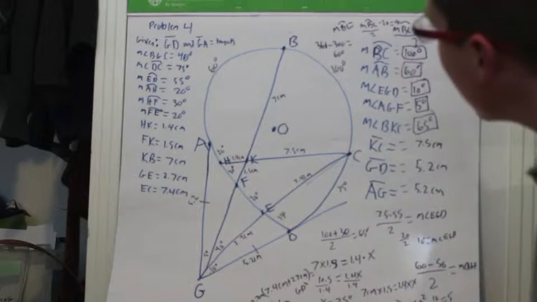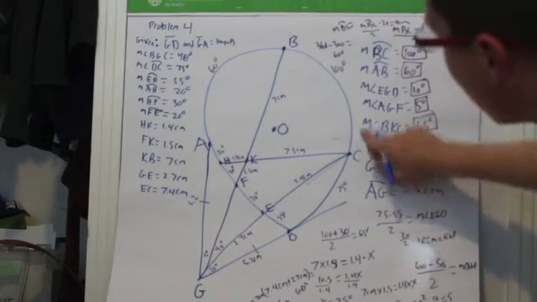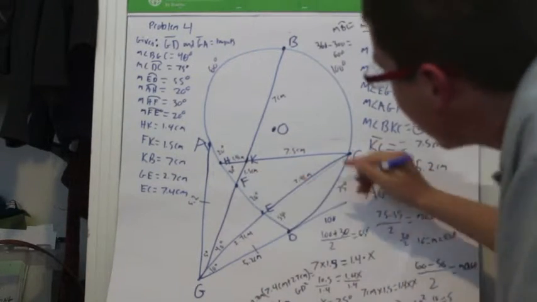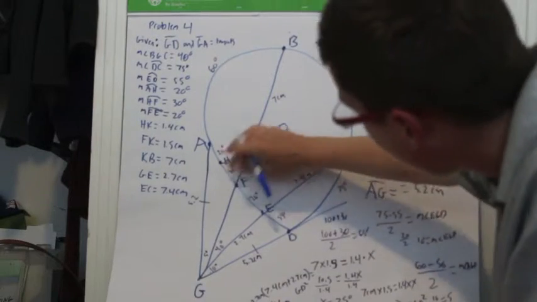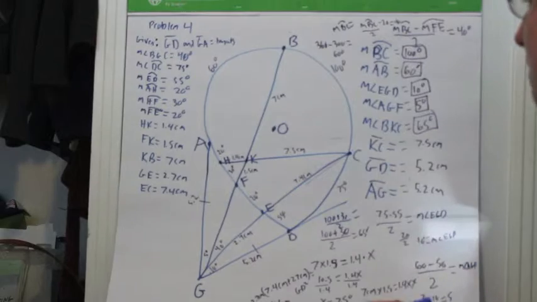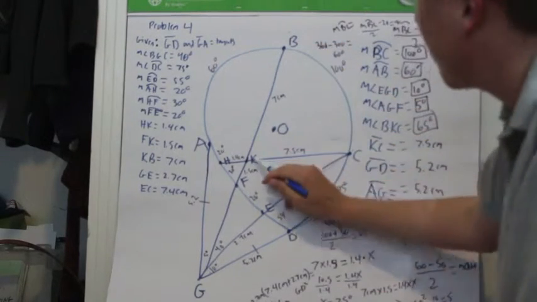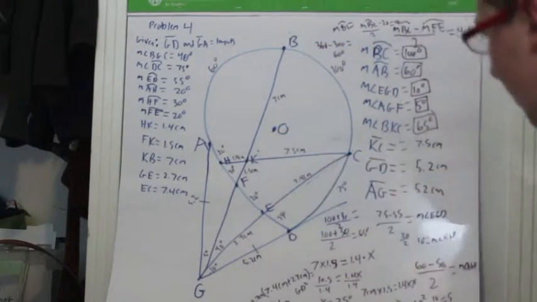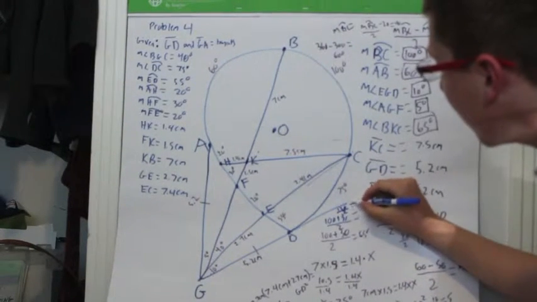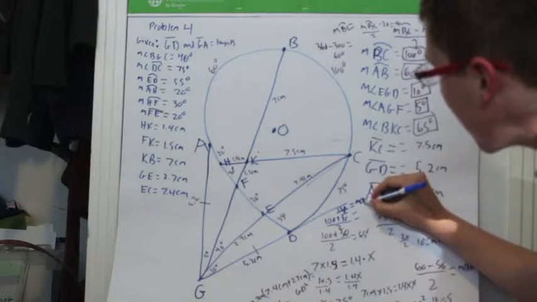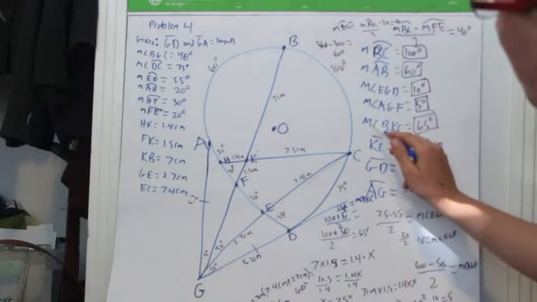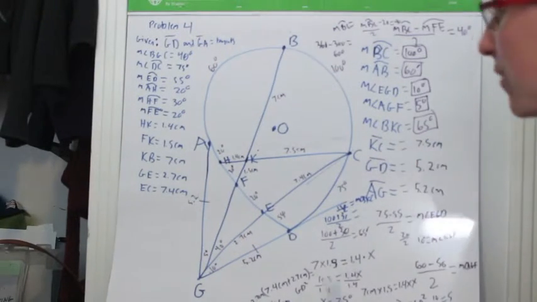So we need to take the larger part of the arc up here and add it to 30, which is this smaller part, and then divide by 2, which equals the measure of BKC. So if we do that, we get 130 over 2 equals the measure of BKC. So we figure out that the measure of BKC is 65 degrees.